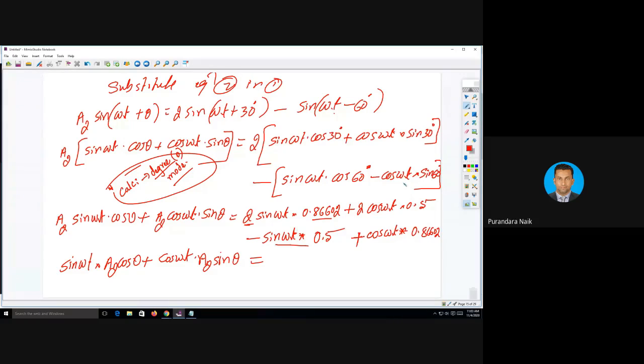Substitute and simplify, and tell the answer. Do it fast. 2 into 0.86602 minus 0.5, see what you get.